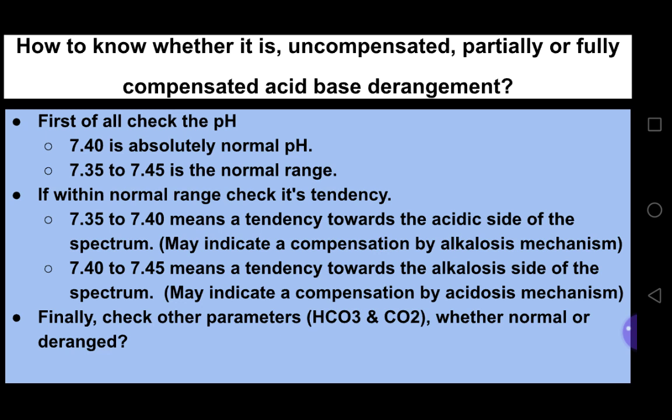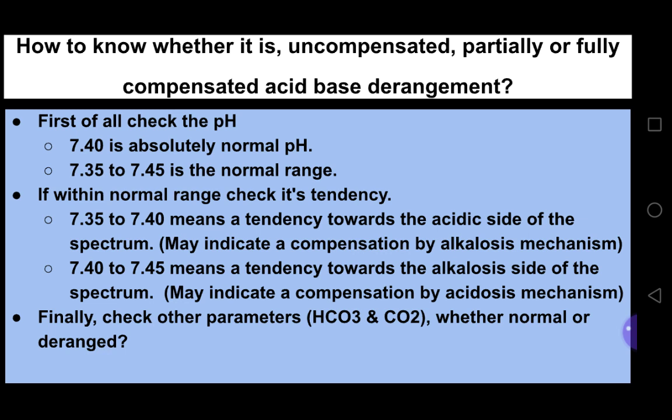However, if it is within normal range, we need to check its tendency. For example, if blood pH is between 7.35 to 7.4, it means that there is a tendency towards the acidic side of the spectrum. And although it is within normal range, it may be indicative of a compensation by alkalosis mechanism.